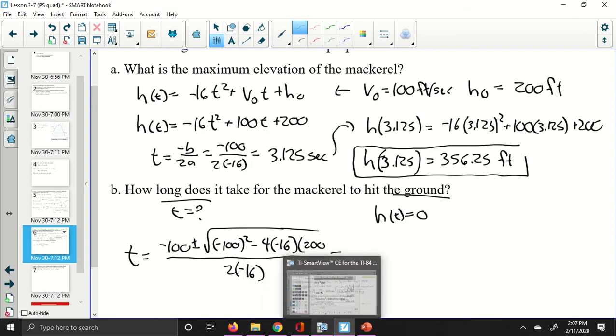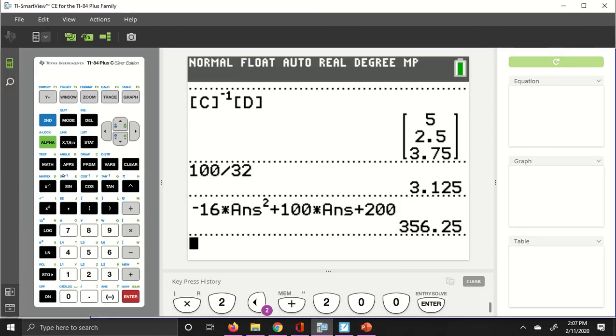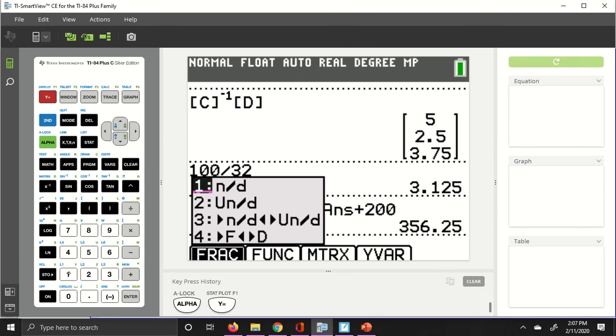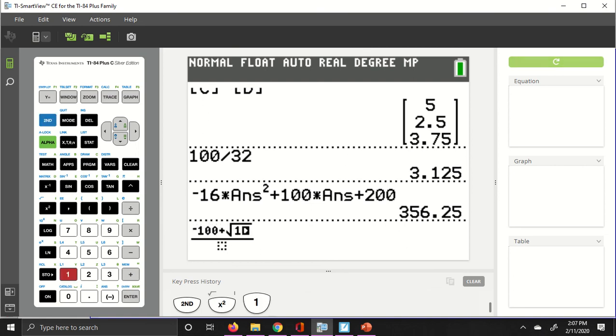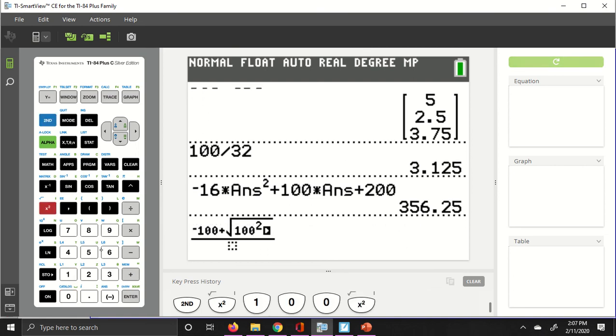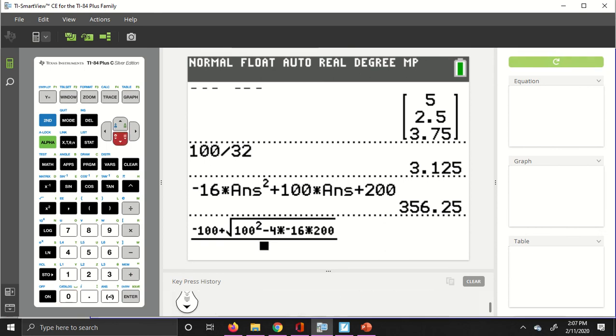And so I'm just going to grab my graphing calculator again. We'll plug that in. So alpha y equals, to bring up the fraction, negative 100. And then we'll do plus second square root. And then it'll be negative 100 squared, but it's going to be positive anyway. Minus 4 times negative 16 times 200. And that'll all be over negative 2 times 16, which is negative 32.